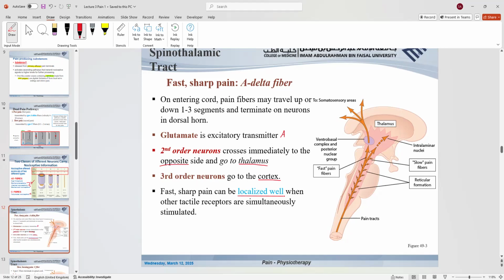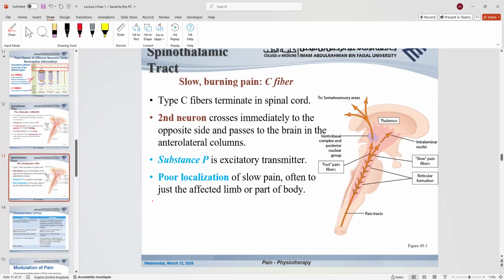And then because there is tissue damage, mechanical nociceptors are also stimulated. So you can very well localize from where this pain is coming. All right. So for fast pain, glutamate is the excitatory transmitter, and it is well localized with the help of mechanical touch receptors. Okay, next.